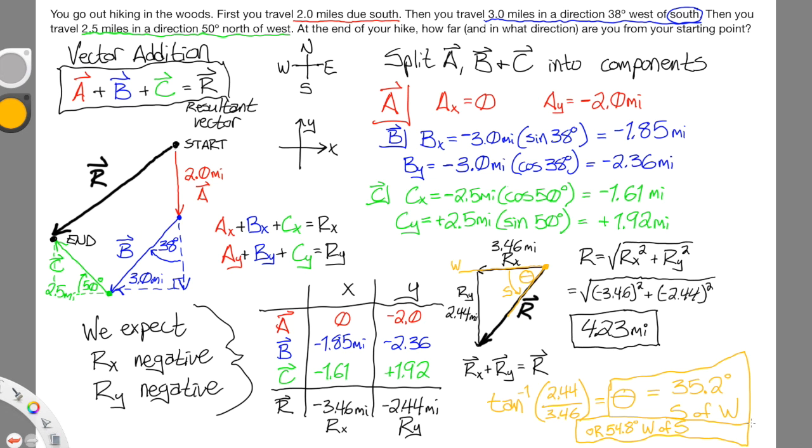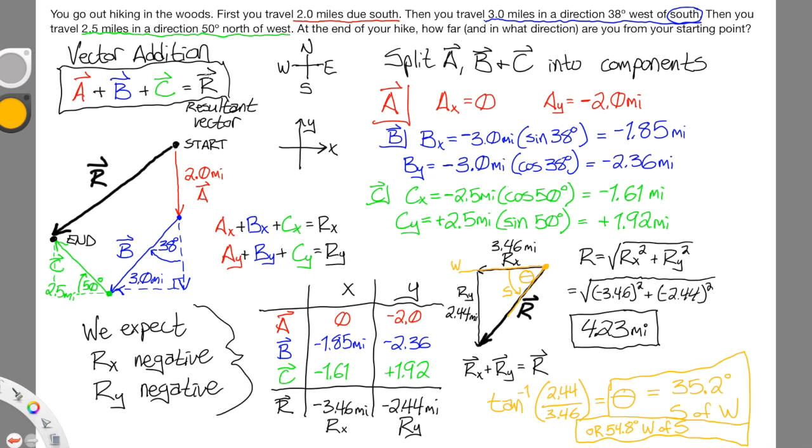In class, we'll do an example where the resultant is not the unknown, basically where we know vectors A, B, and R, but we don't know what C is. That's a slightly different example, but it's still the same basic approach. We're still going to draw our vectors to make sure we know which direction they point, split our vectors into our x and y components so that we can put them in this table down here, which is written based on our vector equation.